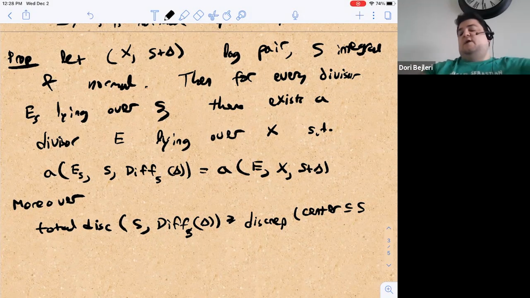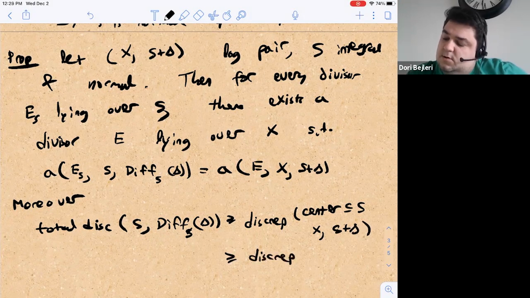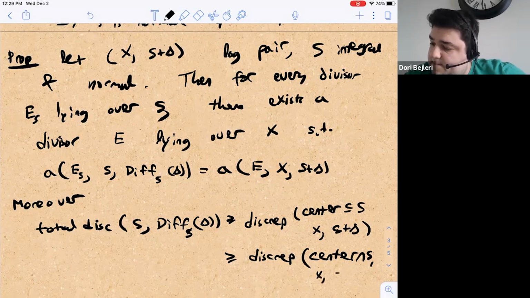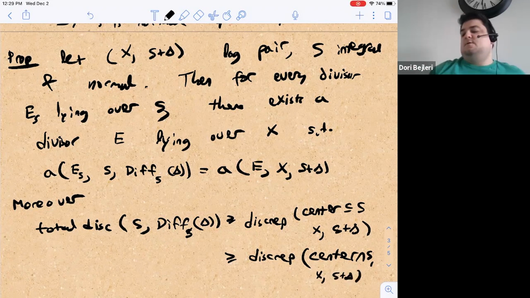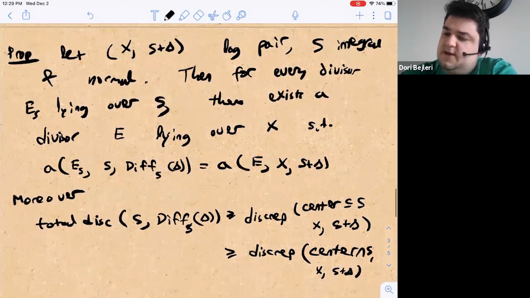And here we're just going to take all divisors that are exceptional and whose image lies inside of S for the pair X, S plus delta. And then this is greater than or equal to the discrepancy over all divisors whose center intersects S. So maybe it doesn't lie inside of S, but now we look at more divisors where the center intersects. Okay, so then we have this sequence of inequalities, and this tells us something about the singularities of S, comma the different. Any questions about that statement?